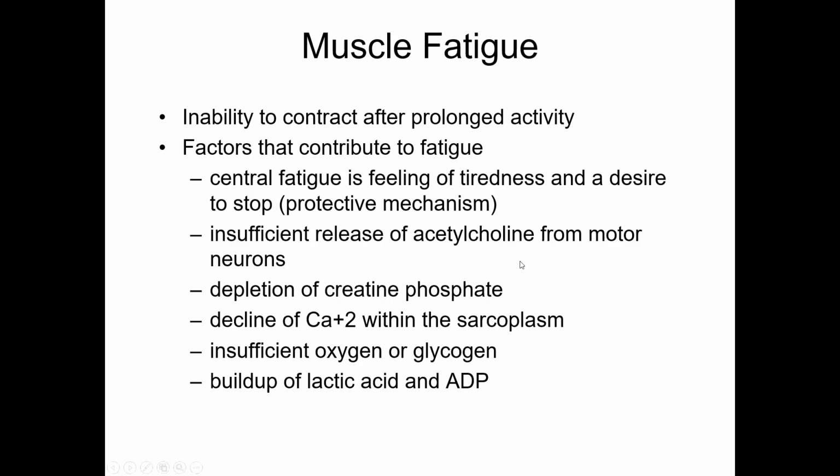So muscle action potential is very, very weak when there's little acetylcholine in the neuromuscular junction. We could have a depletion of creatine phosphate inside our skeletal muscle. We can have a calcium deficiency inside the sarcoplasm. We can have insufficient oxygen or glycogen, or buildup of chemical byproducts, adenosine diphosphate or lactic acid.